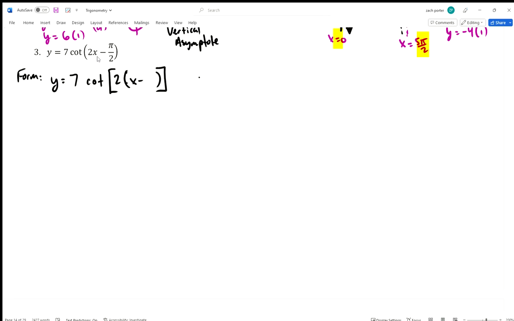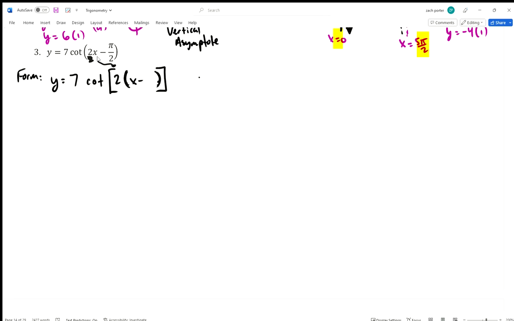The form they like is to have x with a coefficient of 1 in the parentheses and then minus or plus whatever. So whatever this is that I'm currently underlining, we need to factor out immediately. That's what happened with that 2 right there.